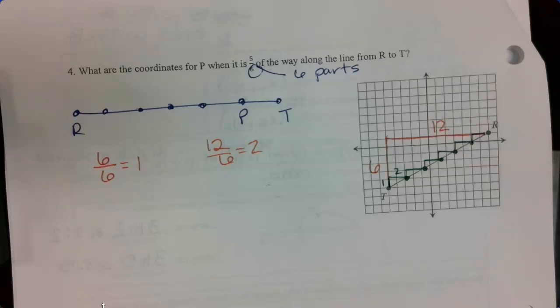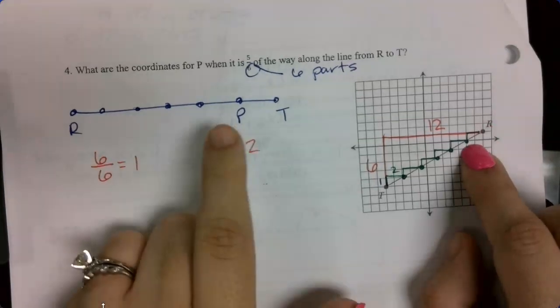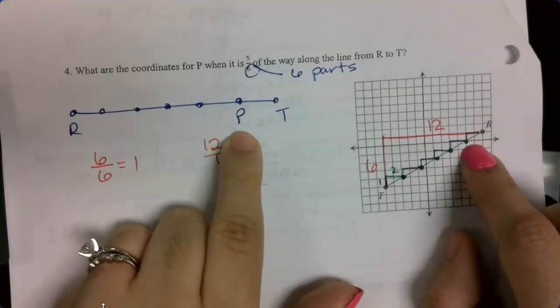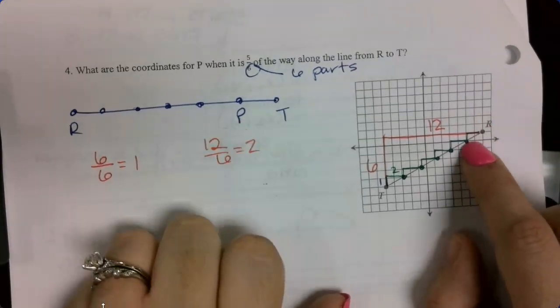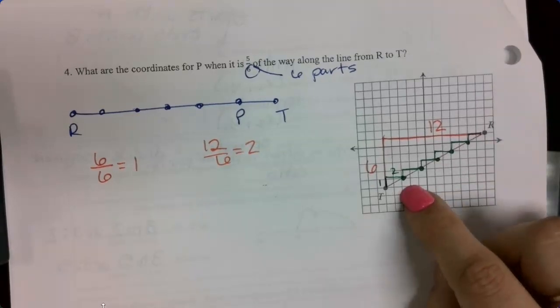So now that I've finished this, how many pieces is the line on the graph broken up into? 6. So I did a good job. I broke it up into the right amount. Where do I want to put P? So this one? On the line I drew up here, P was next to T. Over here, what letter? Yeah, so I need to make sure I'm looking at where my letters are.